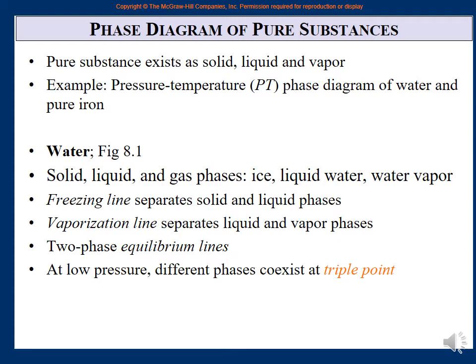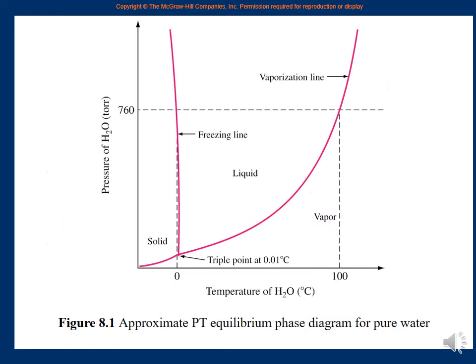We will start by doing the phase diagrams of pure substances, single substances, where nothing has been mixed with it. And we will start as an example with the simplest of materials, water, right? So rather than saying whatever is there in this slide, let us go to a diagram which explains it much better. This is the phase diagram of water.